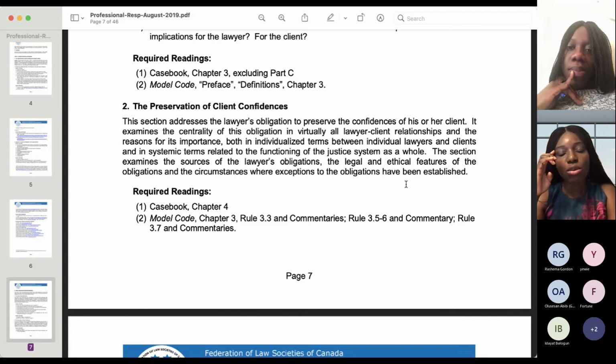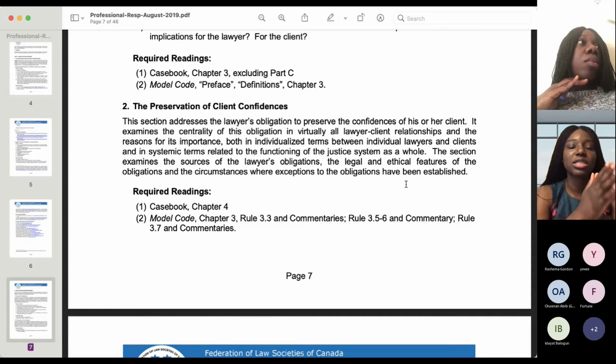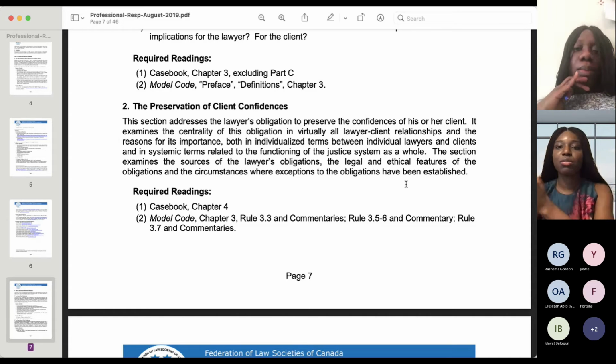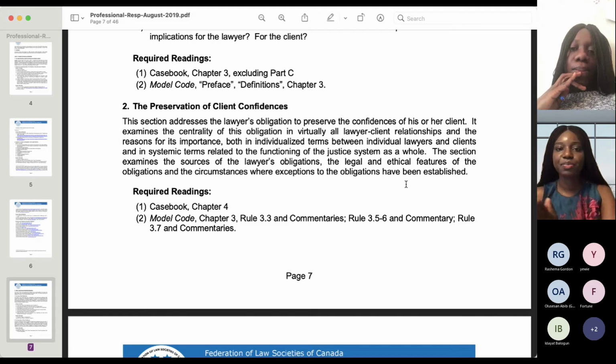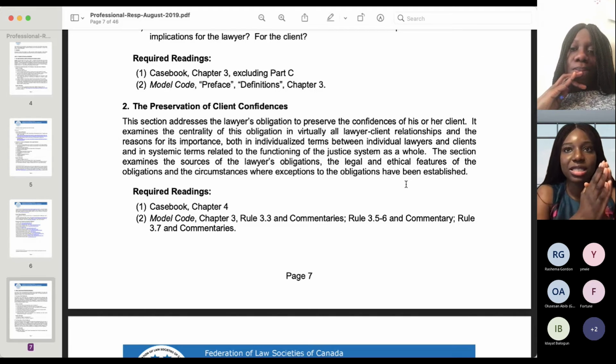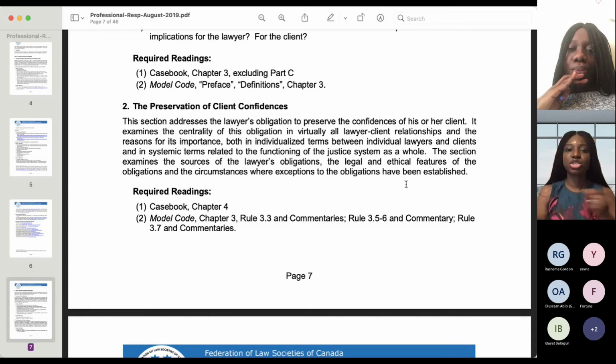Now, the exceptions: if you're supposed to keep something confidential, the rule is a lawyer shall keep the information confidential. But there will be a list of exceptions, like the public safety exception. Like I said, if a client of yours, for example, has a bomb strapped to his chest and tells you, as a lawyer working in the mall, you can't keep that information confidential because there's a public safety issue.